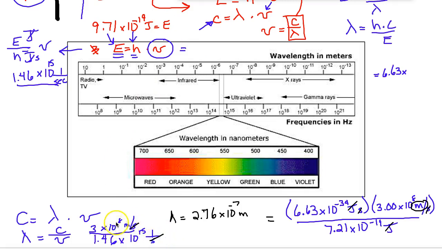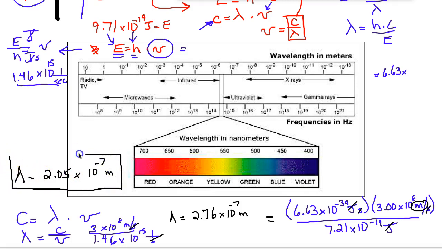So when you plug that into your calculator, you get lambda equals 2.505 times 10 to the negative 7 meters. It's going to be small. And that's just it. So not a big deal. All right, hope that helped.